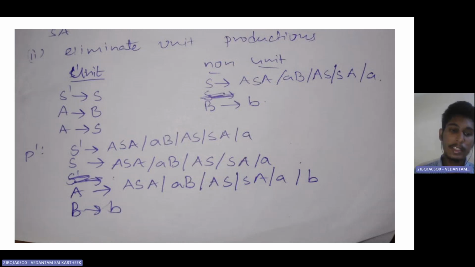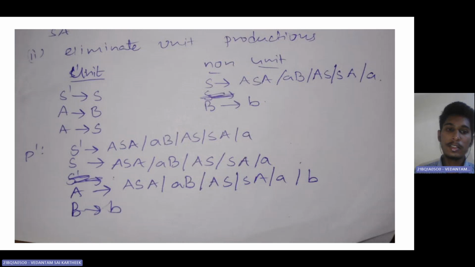So we directly add the S, then A to B and B to small b, and A to S, S to this whole production. So we added the whole production first, and then since A to B and B to small b, we added A to small b. Then since it is a non-unit production, we add it to the P dash directly.